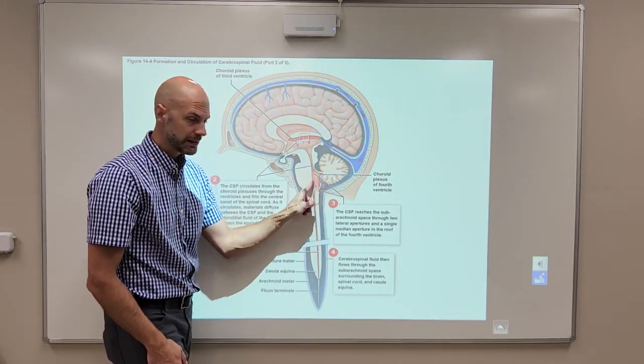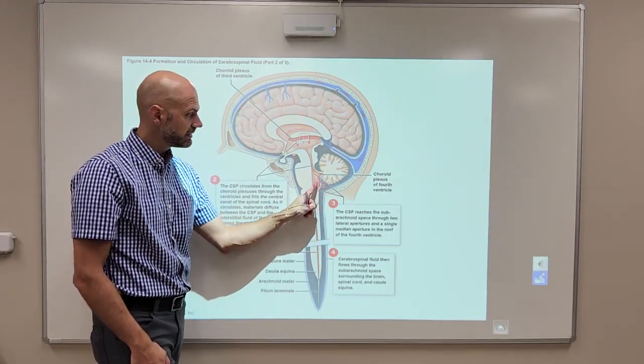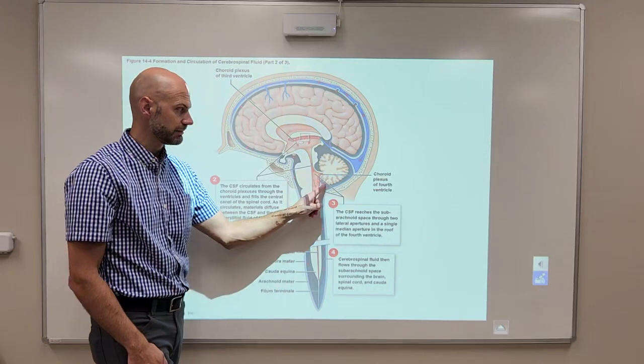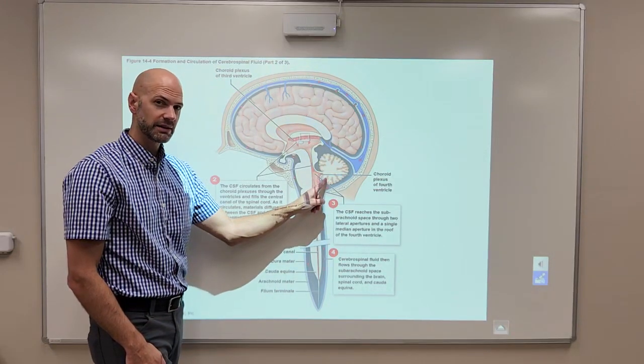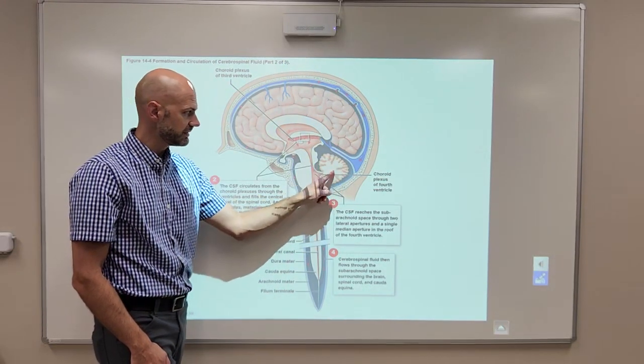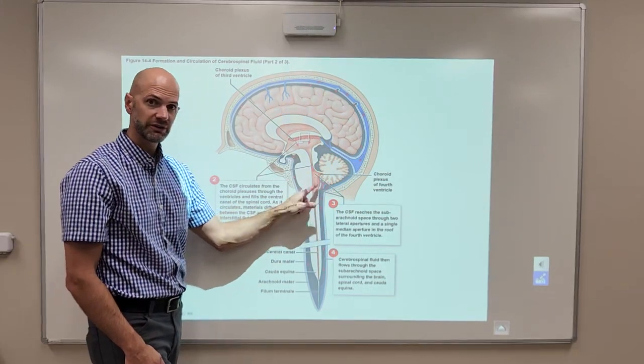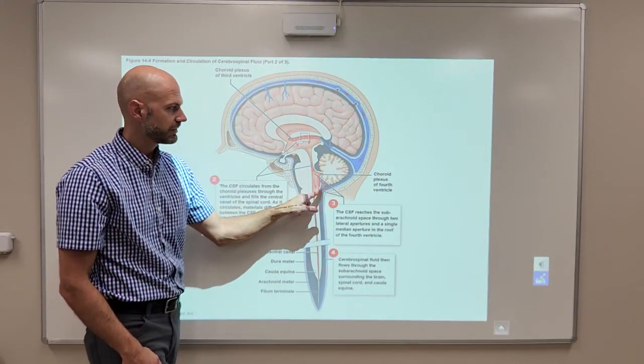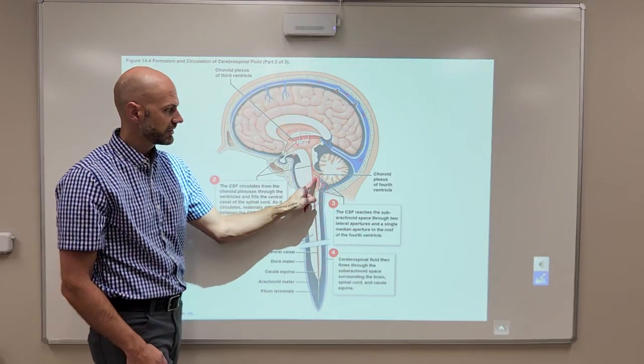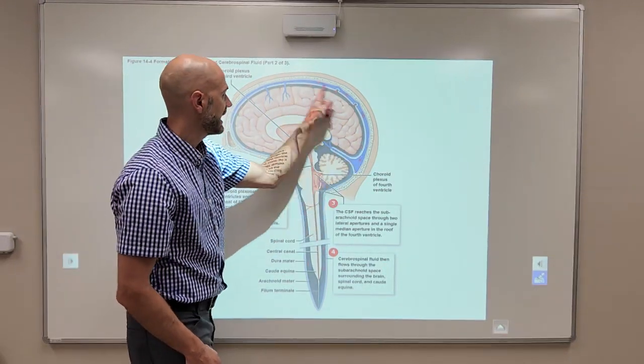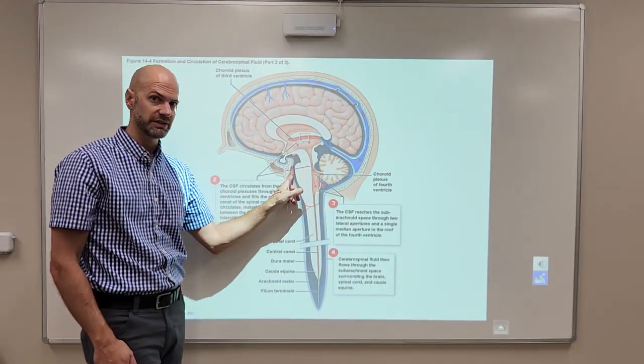Actually, there's three openings in the brainstem just underneath the cerebellum. Okay, cerebellum is here. There's actually three openings, two lateral and one central opening, through which CSF is going from the fourth ventricle into this outer space that surrounds the brain as well.